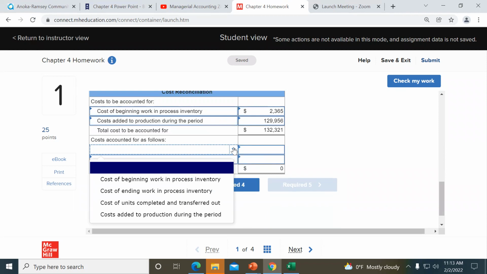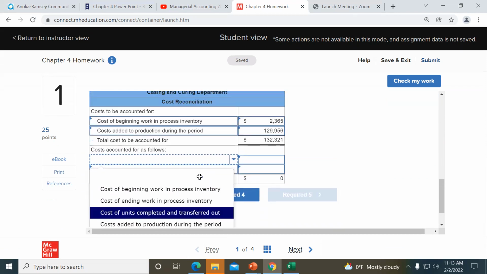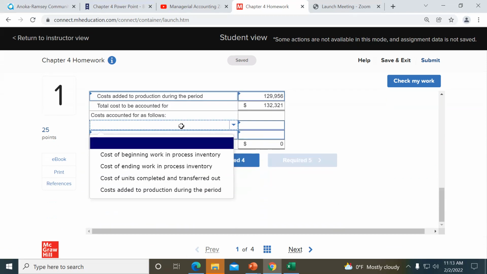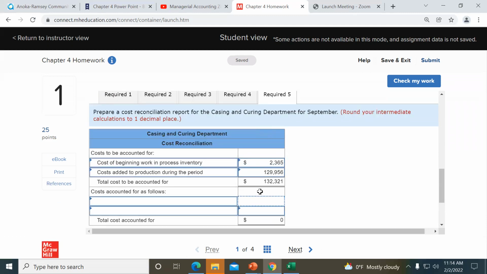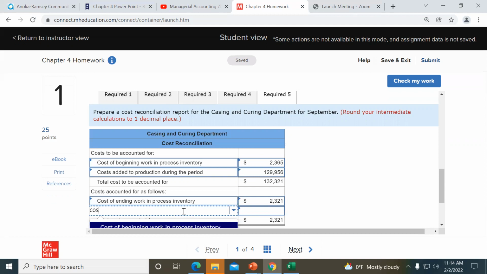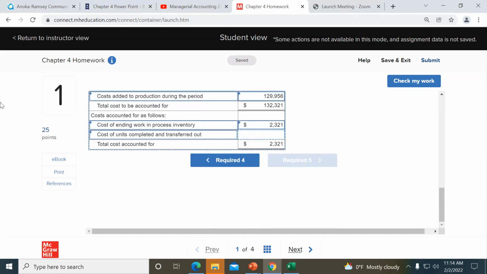Our cost in work in process is our 2321 and the costs that were completed and transferred is the 130.